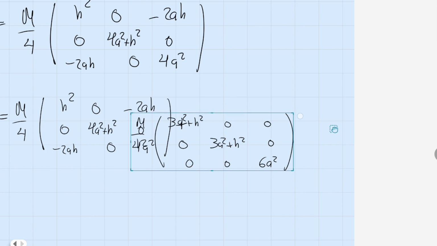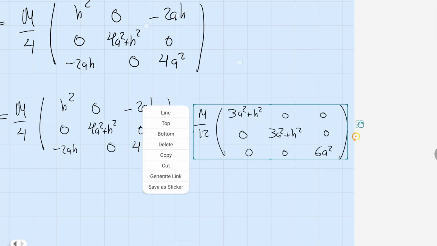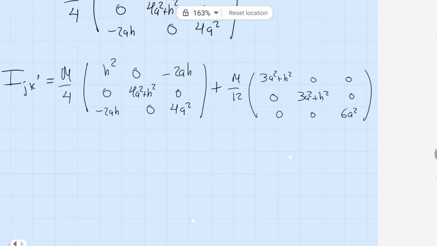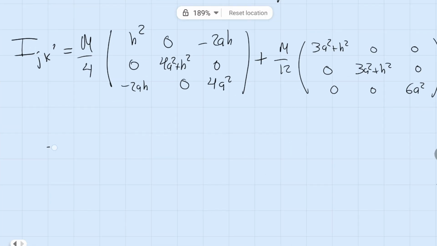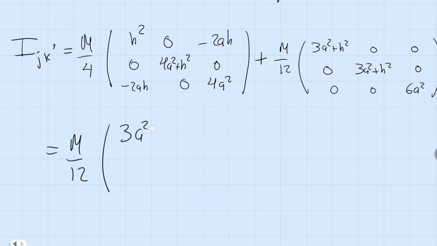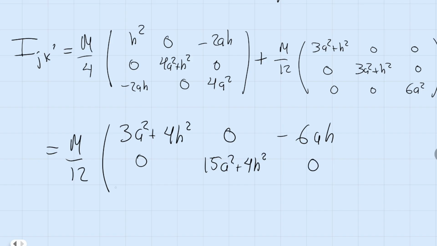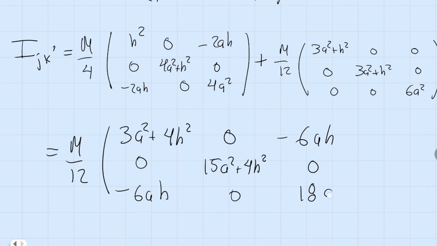So we get this sum of matrices, and if we simplify this sum, we are going to get that this can be seen as m divided by 12 times: 3a squared plus 4h squared, 0, minus 6ah; 0, 15a squared plus 4h squared, 0; minus 6ah, 0, 18a squared.